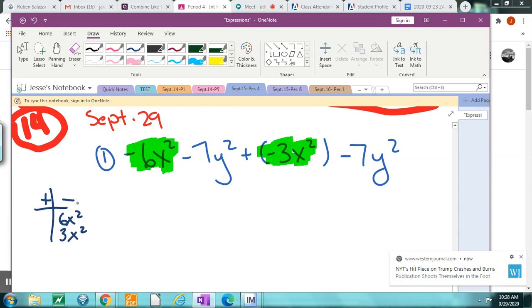See, you're adding. So my answer is negative what? There's 9 of them because you add them. So negative 9x squared. Once you're done, you could just erase it.